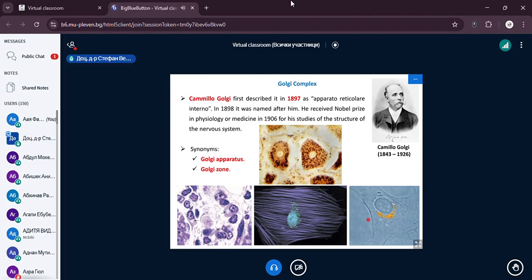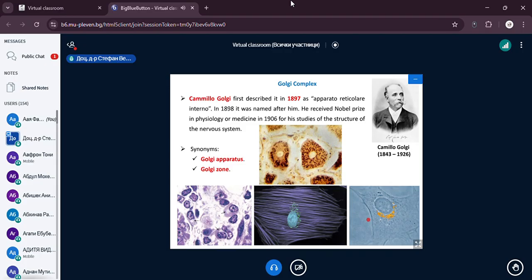This is a living cell observed under the so-called phase contrast microscopy, and this type of microscope is very efficient when observing unstained cells, cells which are maintained in cell cultures, living cells.